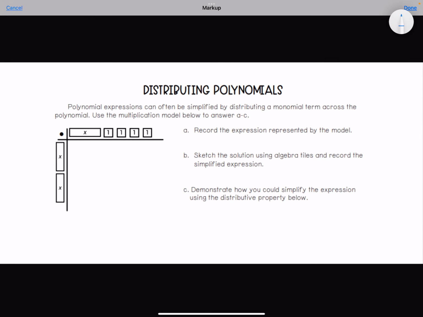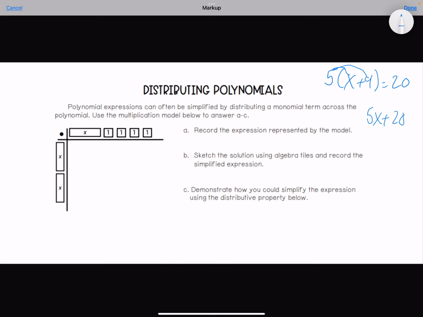When we were solving equations, we had 5 parentheses x plus 4 equals 20. And remember, we took the outside number and multiplied it by both inside. So we had 5x plus 20 as the distributing part.